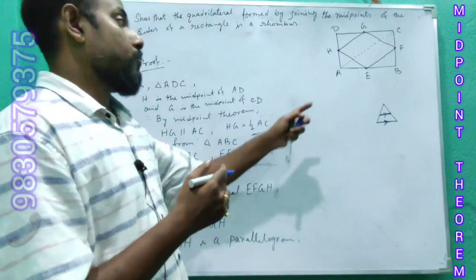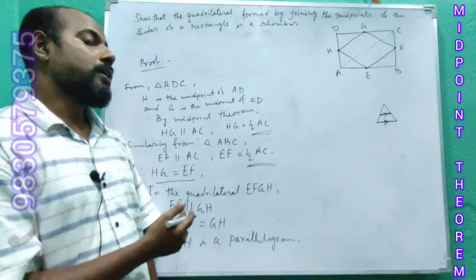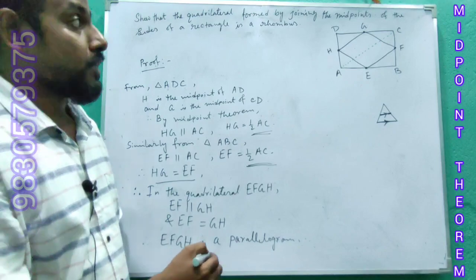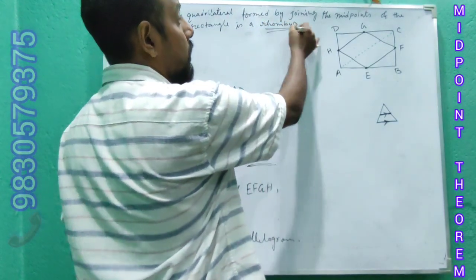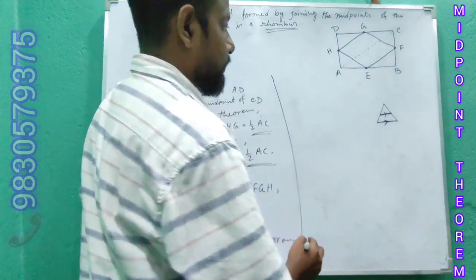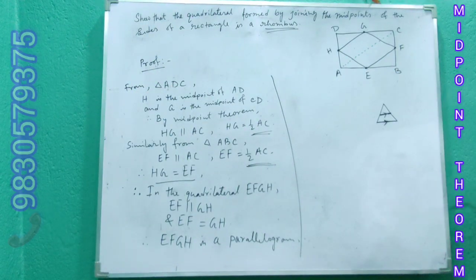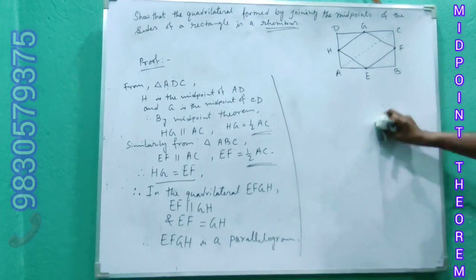Here, opposite sides are equal and parallel, so we can say it is a parallelogram. But we have to prove it a rhombus. Now the second part is we have to prove the congruency of triangles.